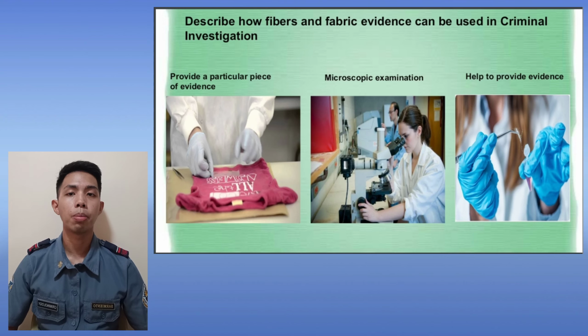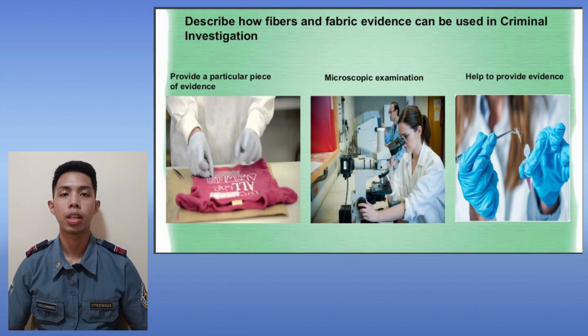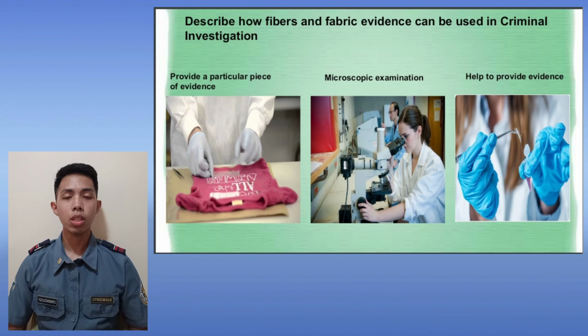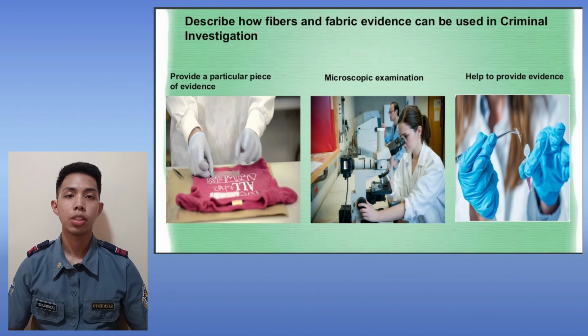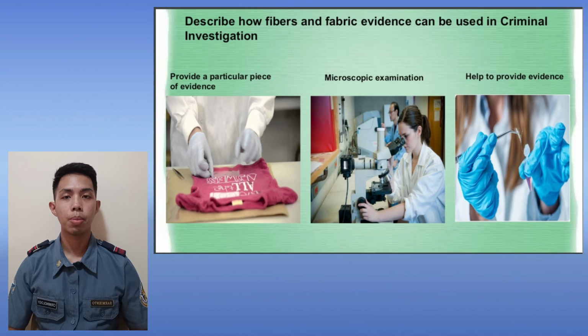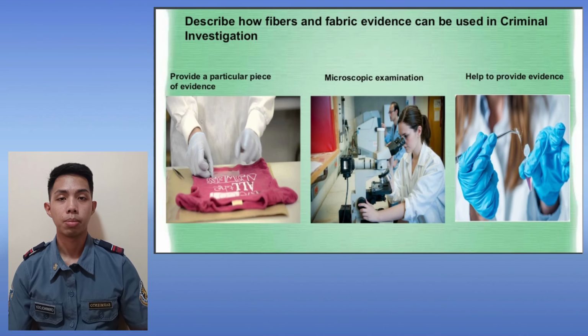Obviously, if the examiner is presented with fabrics that can be exactly fitted together at the torn edges, it is virtually certain that the fabrics were of common origin. Fiber and fabric evidence in court can be used to connect the suspect to the victim or to the crime scene.